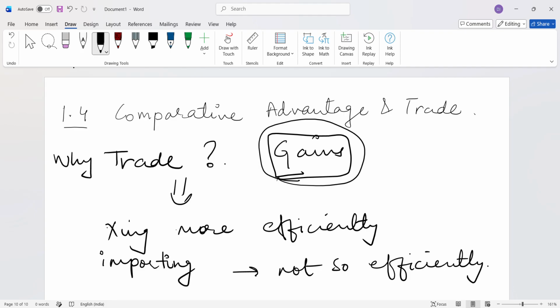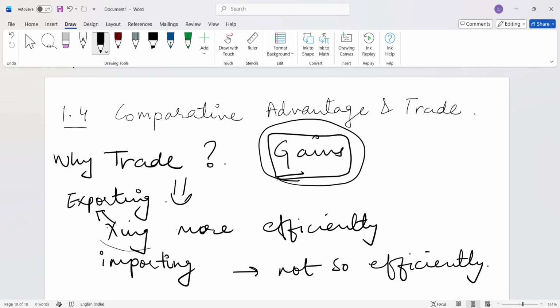That's my short form of exporting, basically. So if you are not able to understand, this means exporting. So trade happens in order for countries to achieve gains, right?